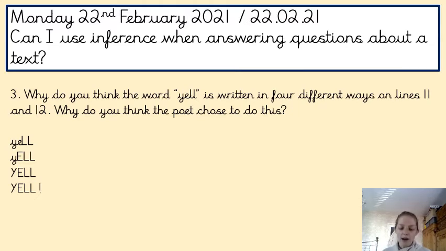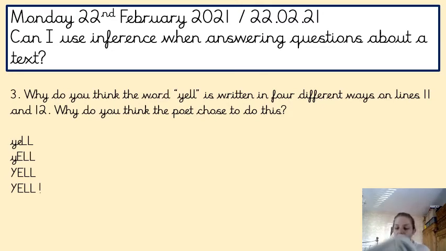Now remember, based on my introduction at the start and what I explained about the text, why do we think these words have been written the way that they have? So think very carefully. You're inferring here an emotion to do with the way that these words are represented in the text. So we discussed the emotion in question 1. Just have a think, is it the same emotion for question 3?